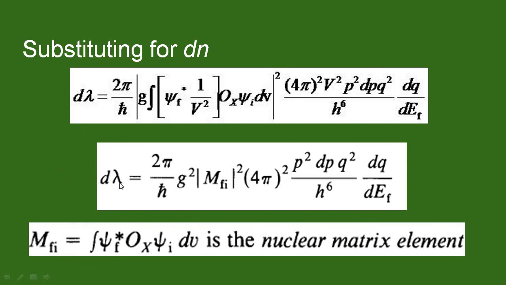You get the equation for d lambda as 2 pi by h cross, g squared, Mfi square, 4 pi square p square dp q square dq by h raised to 6 dEf. Now we have a new term, Mfi square. What is Mfi? The integral of psi f star, O x, psi i dV is the nuclear matrix element that you write as Mfi.